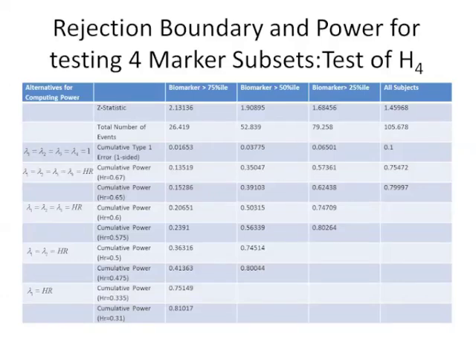Okay, so this slide presents the rejection boundary for the test of H4, the global null hypothesis, based on the gamma -1 spending function, along with the type 1 error and the power for various alternatives. The first two rows of the table present the critical value for the z-statistic that's used for each marker subset and the associated number of events in each marker subset.